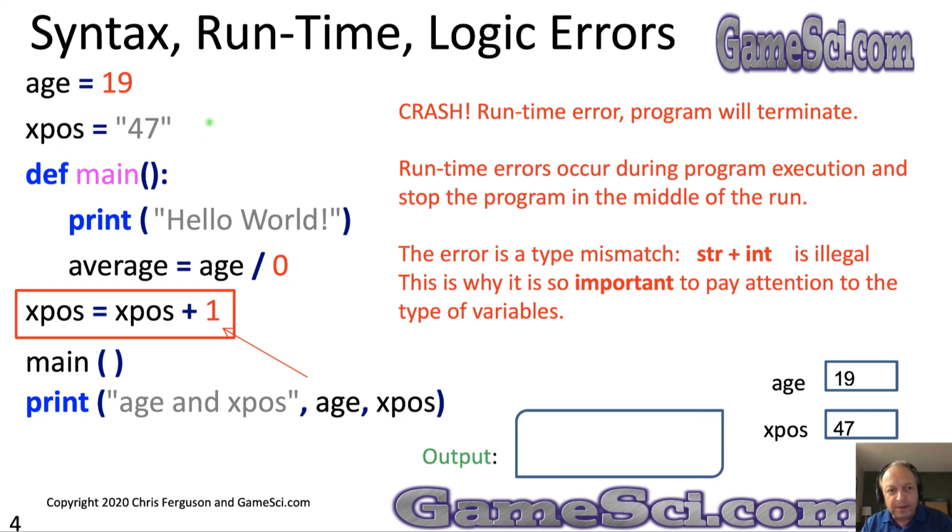I was worrying about this line and worrying about this line, and I was wondering if that should be a string or an int. I left it a string, but obviously down here we thought it was an int. String plus int is a runtime error. It's a type mismatch. This is why it's so important to understand what the type of each variable is.